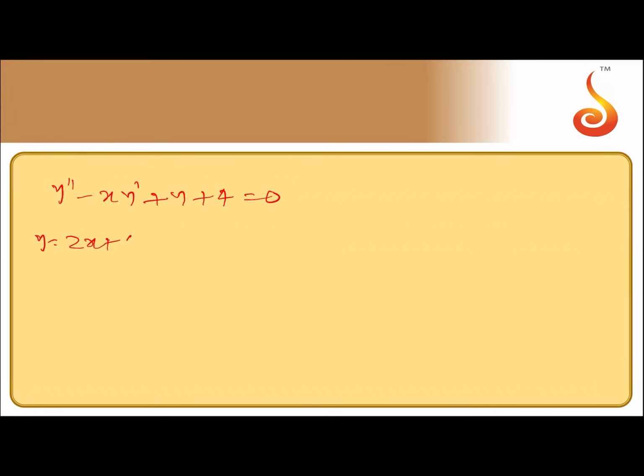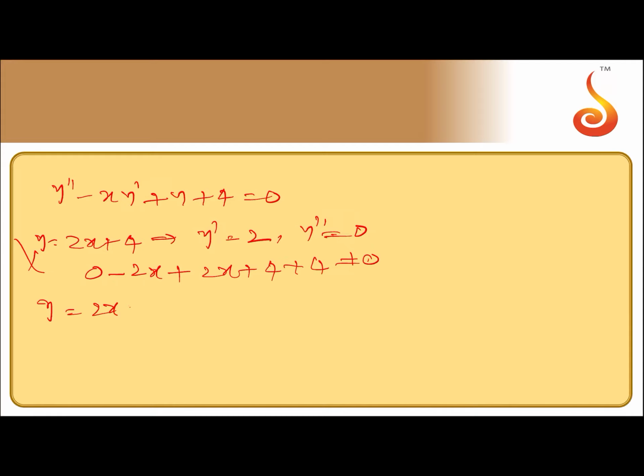So y dash is equal to 2 itself, and y double dash is 0. So we get 0 minus x times 2 plus 2x plus 4 plus 4, which is not equal to 0. So this option is wrong.